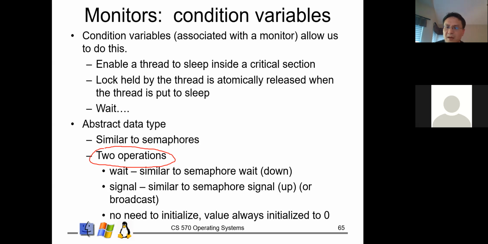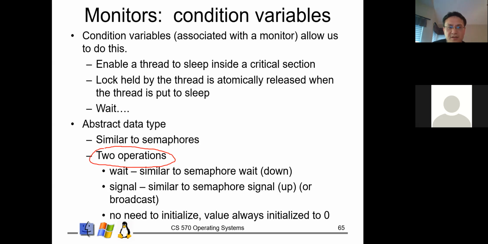But we know in the semaphore case, calling wait may or may not block the process or thread. When you call wait on the semaphore, it would decrement the semaphore integer, but only when the integer is less than 0 would you block the thread or process.